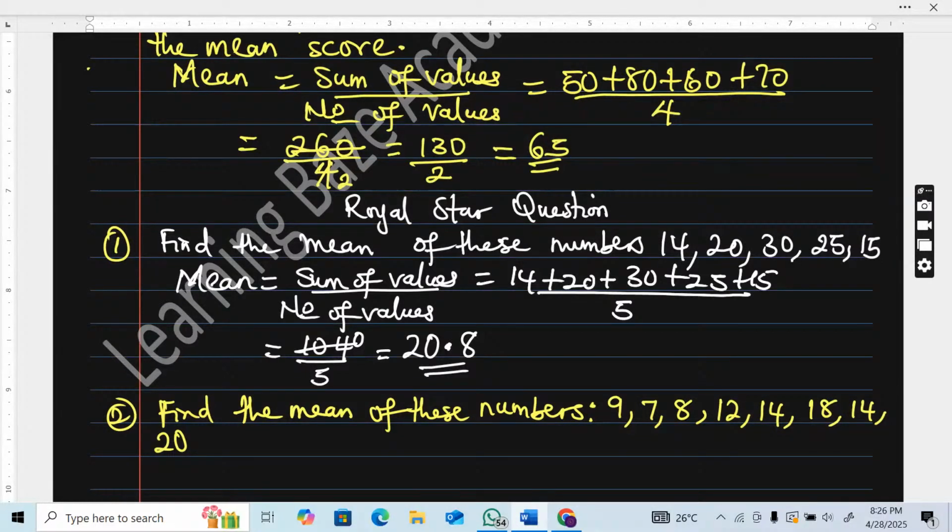Find the mean of these numbers: 9, 7, 8, 12, 14, 18, 14, 20. So go ahead and find the mean, everyone. Post your answer in the chat and make sure your name is beside your answer. So make your calculations as fast as possible.